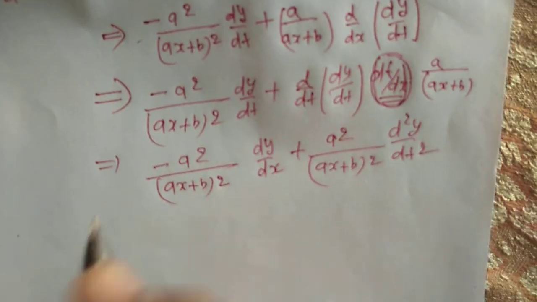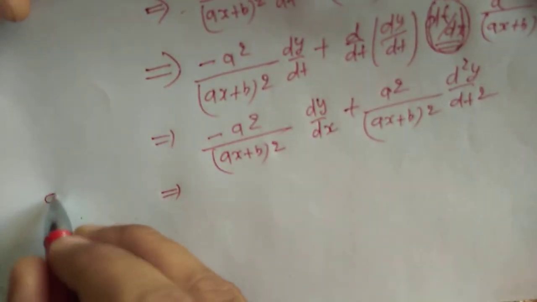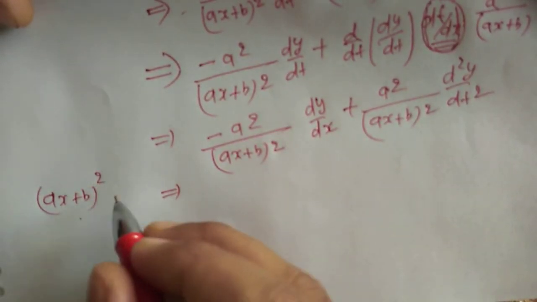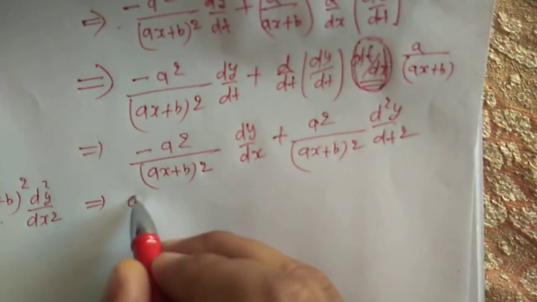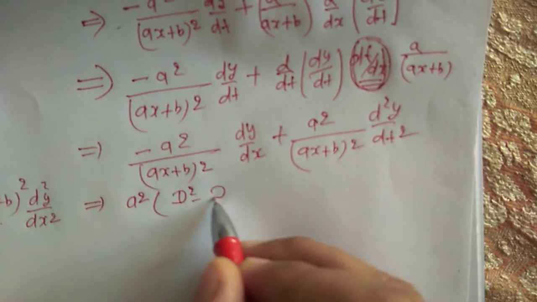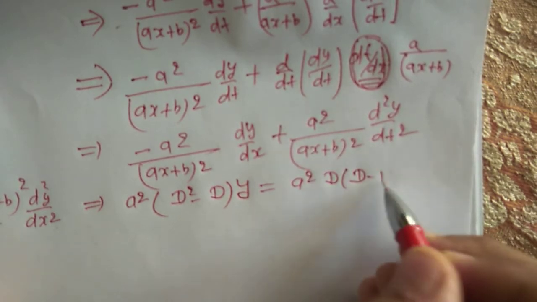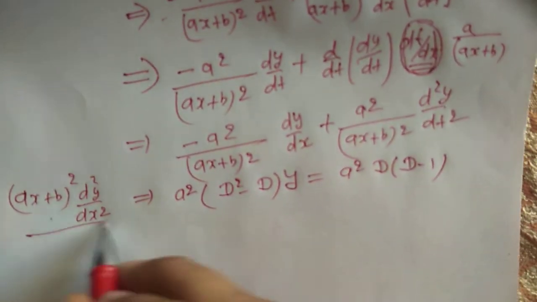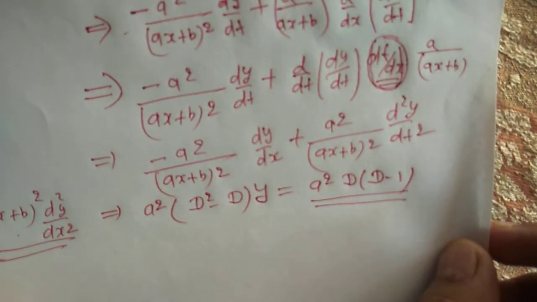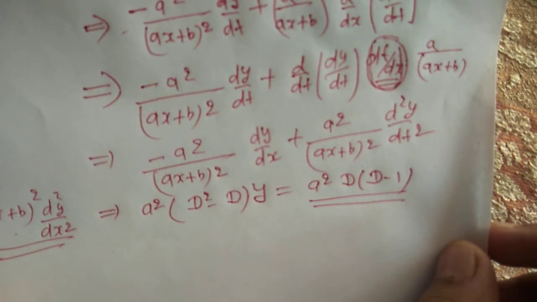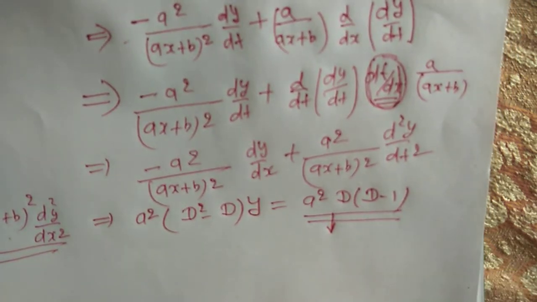So we can simplify and take ax plus b whole square to the left: ax plus b whole square d2y by dx square equal to a square times D square minus D, which we can write as a square D into D minus 1. So you can see if you use this transformation, our Legendre differential equation will convert into a differential equation with constant coefficients. So let us take one problem and try to solve it.